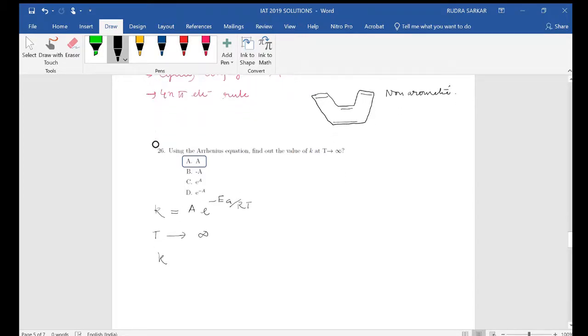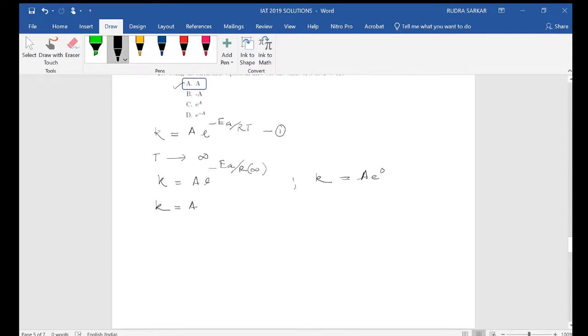Then what happens to the Arrhenius equation? We will say A e to the power EA over R infinity, so that will mean K is A e to the power 0, and that means K is equal to A, and obviously our answer over here is going to be option A.